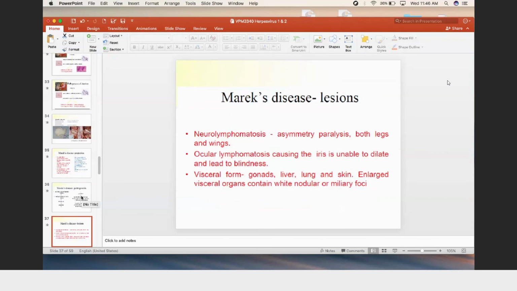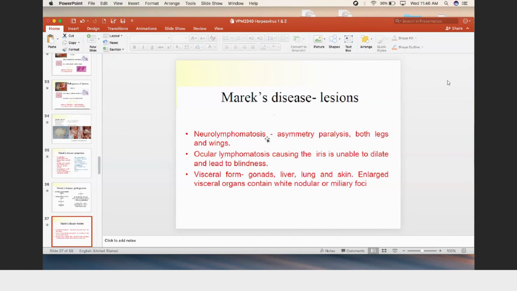So as a result of that, what you're going to see is Marek's disease virus. This one can cause neurolymphoma, meaning it can cause, neuro is a nerve, so lymphoma, meaning that lymphocytes will be accumulated around the nerve because of the virus.